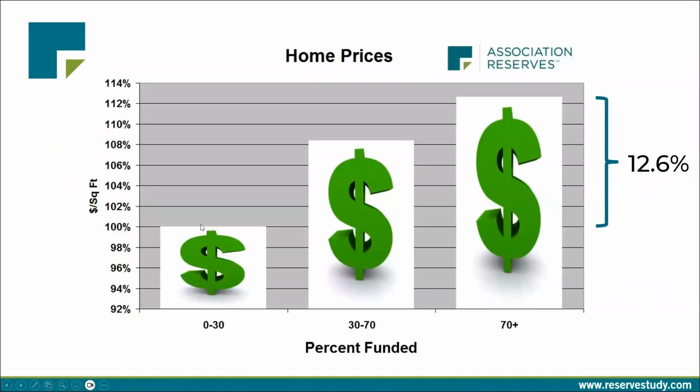If you baseline an association's home values when the association is 0 to 30% funded, that weak zone that I spoke about a few moments ago, the homes in associations right next door to it that are otherwise identical have a strong reserve fund, over 70%. Home values there typically sell for 12.6% more on average. So think about it, 10% difference in home value. If you've got a $500,000 condo, we're talking about $50,000 here. And that's going to make a few more dollars more a month seem pretty darn trivial. So keep that in mind.